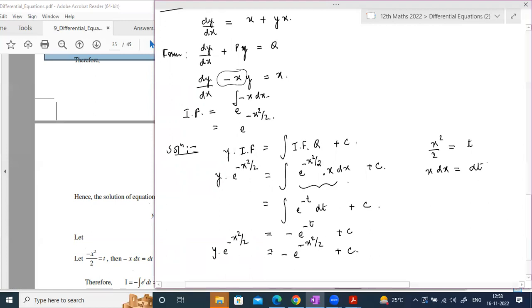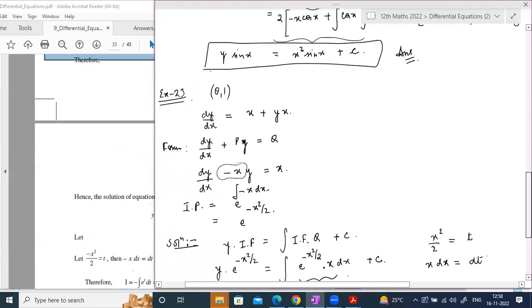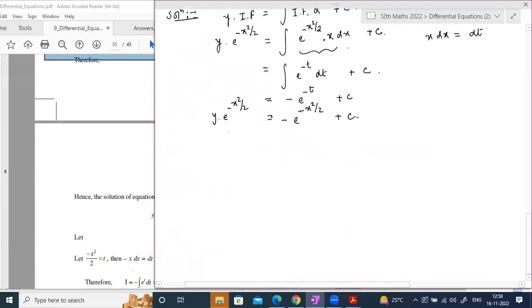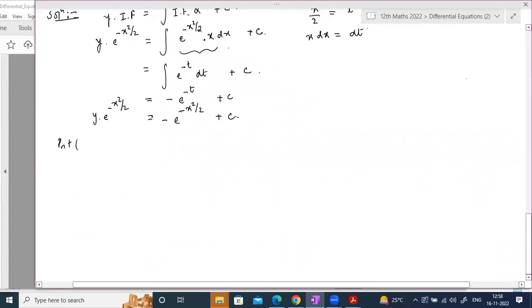Now we need to find a specific curve, and the curve was passing through 0 and 1. So let's put 0 and 1. We get y is 1 into e to the power 0, which is 1, equal to negative 1 plus c.